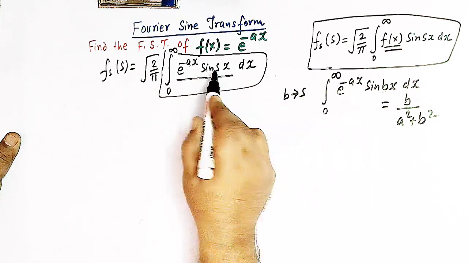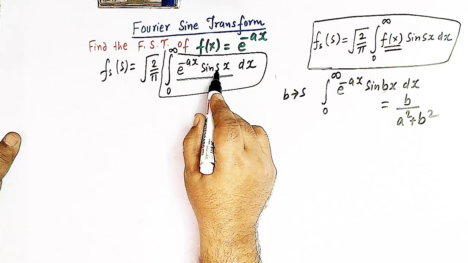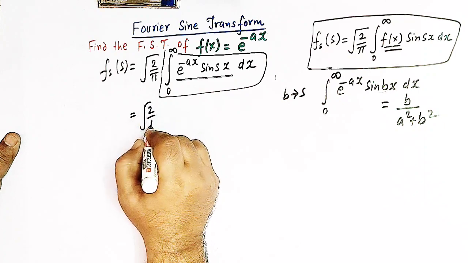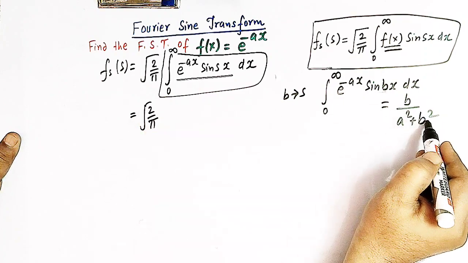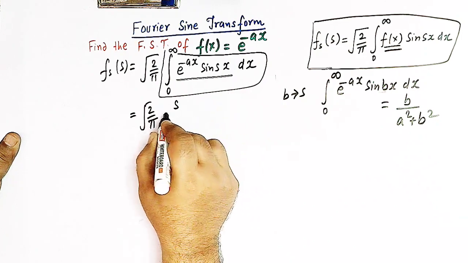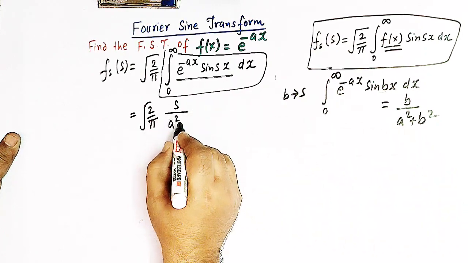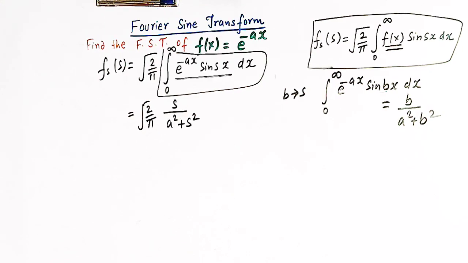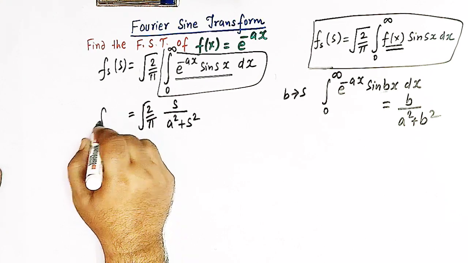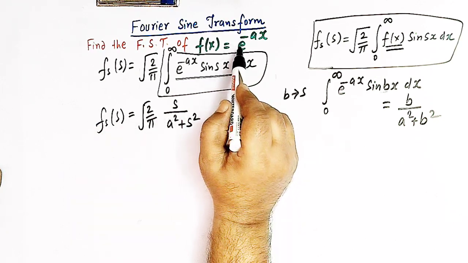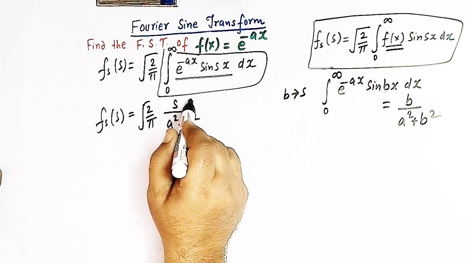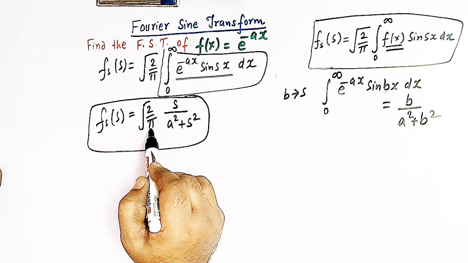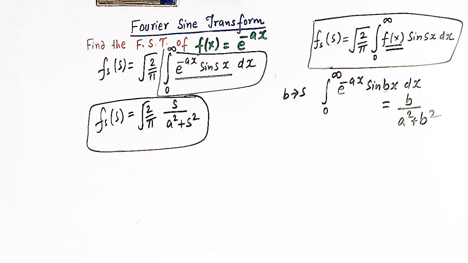So for b we can now write s. So the value of this integral can now be written as b over a square plus b square. b is s, and we have a square plus s square, right? So the Fourier sine transform of the function e raised to minus ax is given by this expression, that is square root of 2 over pi times s over a square plus s square.